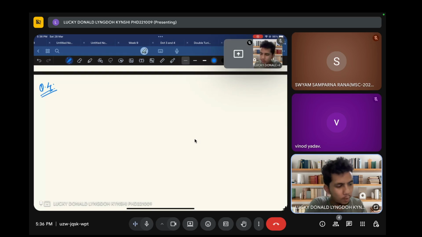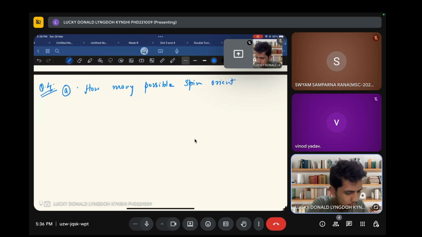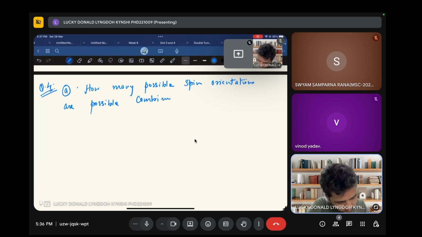In question number 4, the question asks: how many possible spin orientations are possible combining two s particles, s equal to half particles, and what are the states called?